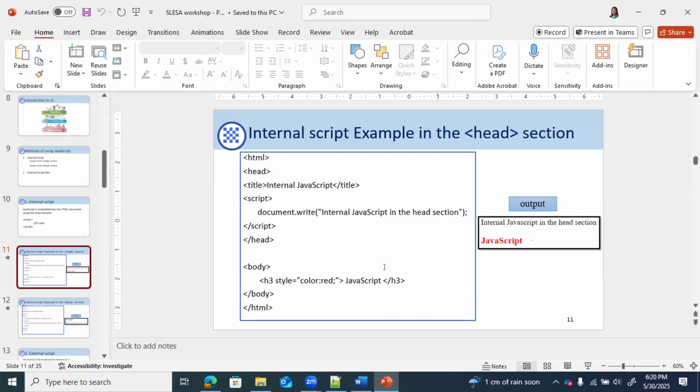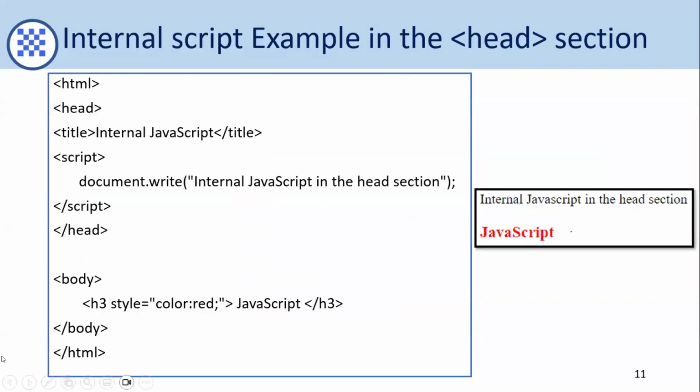Before we move to that part, I will highlight this also. In JavaScript, you can see here within this slide, you have something called document.write. This document.write is a method that we use to print something in JavaScript.